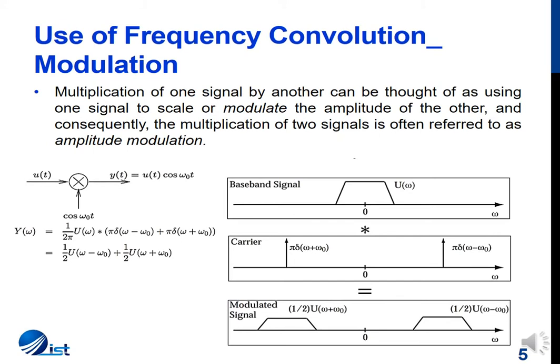So the transform is going to look like this. U of omega, after being convolved by this impulse train, gives this modulated signal. Now we see that the original signal had a center frequency of 0, but after the signal is modulated, it appears at frequency omega naught and minus omega naught.